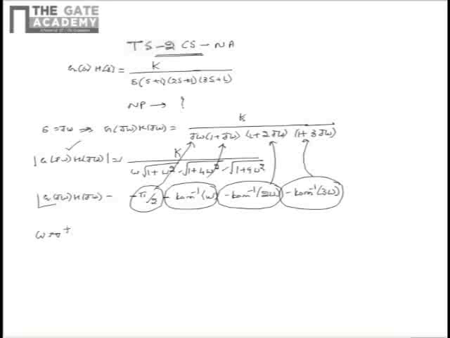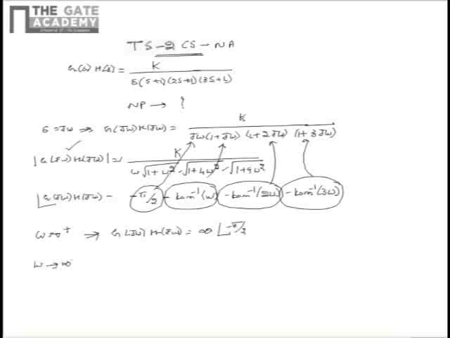So upon finding G(j omega)H(j omega) at omega equal to 0 plus, we see that it is equal to infinity. This is because the magnitude of G(j omega)H(j omega) at omega equal to 0 plus is infinity, and the phase is minus pi by 2.